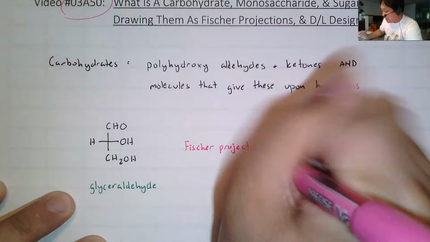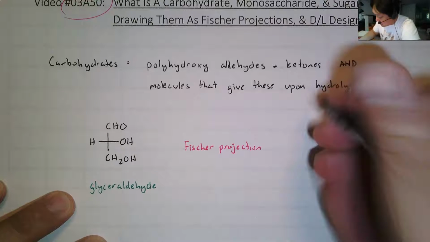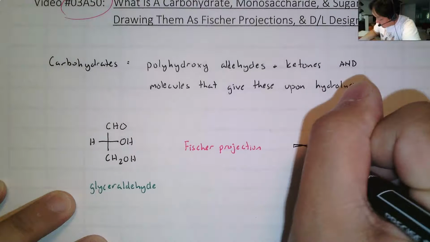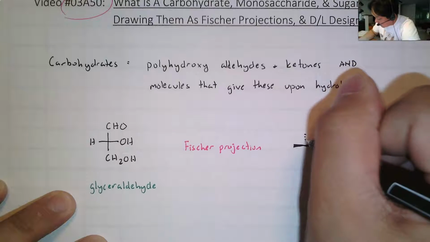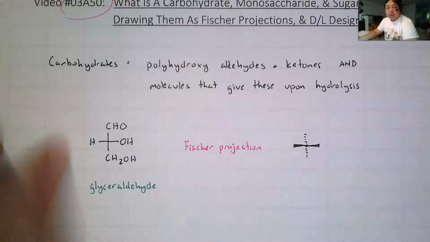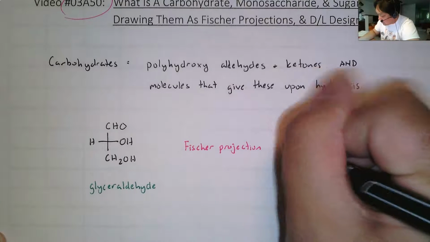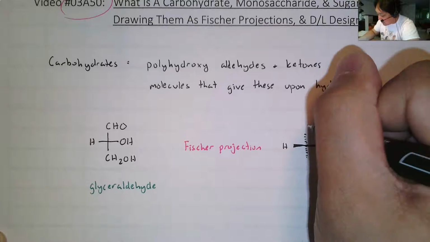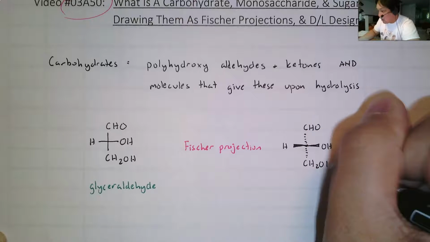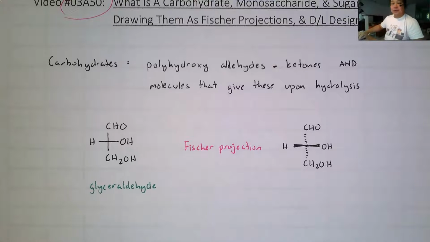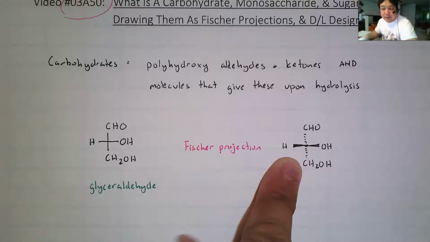What it really means is that the molecule has wedges and dashes. All the vertical lines are going to be dash, all the horizontal lines are going to be wedge. And now we can assign stereochemistry. We can assign R and S. Now, how do we get this with a model?